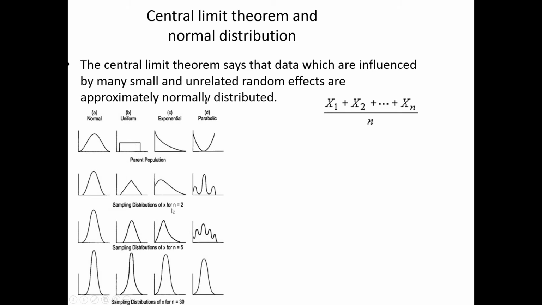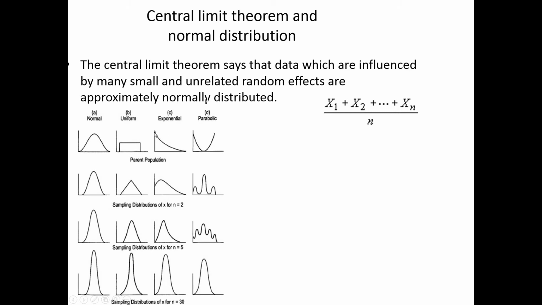But if instead of 2, we take 30 random numbers from this distribution and calculate the mean, and again take another 30 random samples and calculate the mean, we will get this normal distribution.